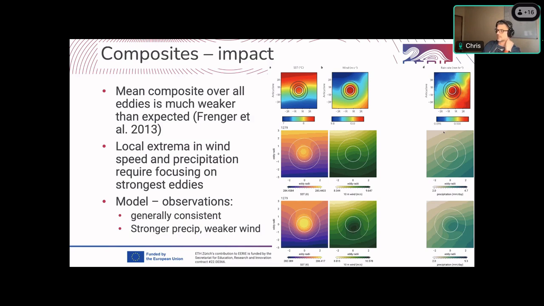So I'm not expecting answers here, but if anyone has any good ideas, I think we should share these slides with Nikki and WP5 afterwards, because it'd be nice to get to the bottom of this. It could be the data sets that are different. It could be the tracking, or the time averaging. Not sure.